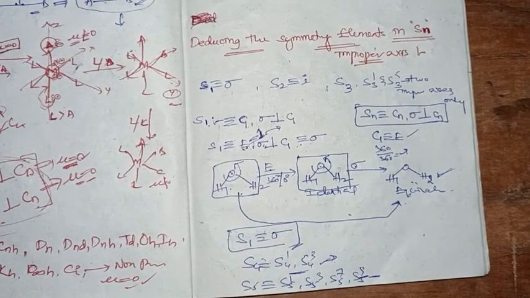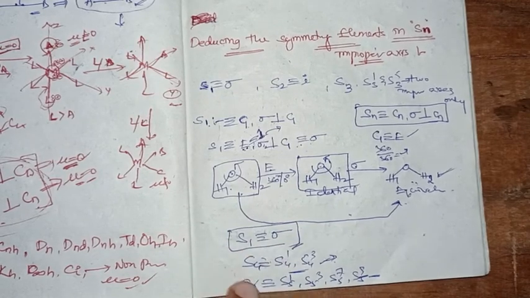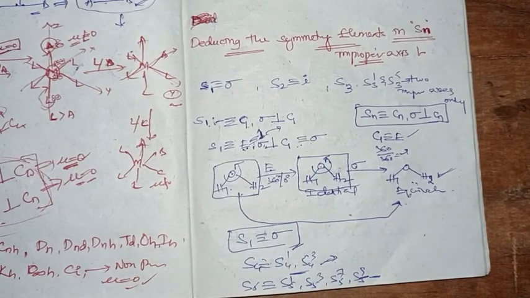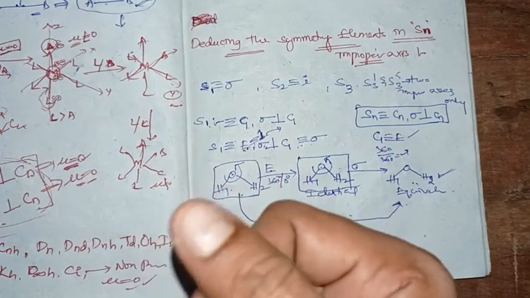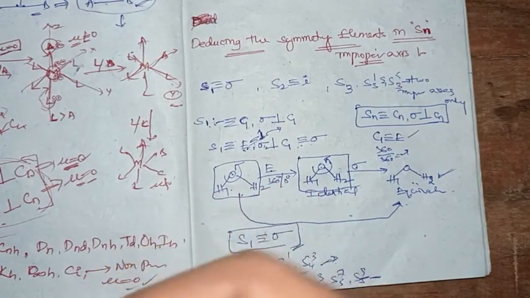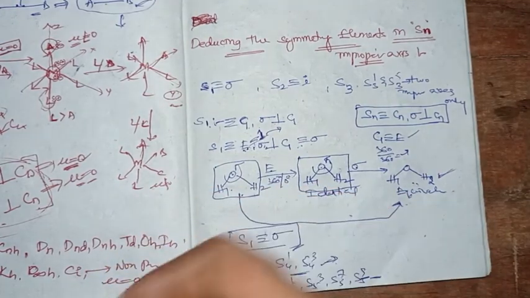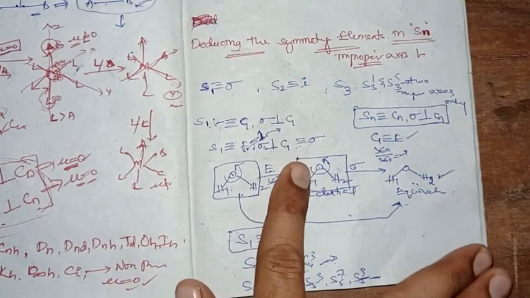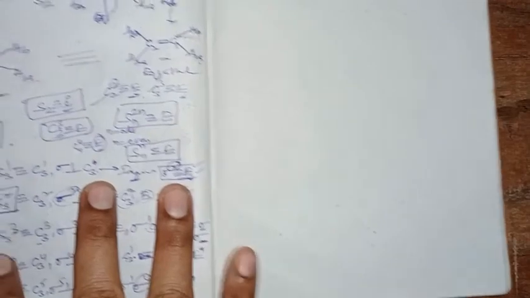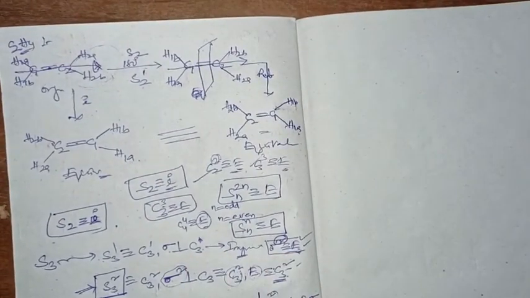If you get any doubts while you are examining S4 and S5, you can give your doubts in the comment section. If possible, I will clarify your doubts in the comment section, or I will give you another video for your doubts, right? So like this we can express the improper axis in the molecule.